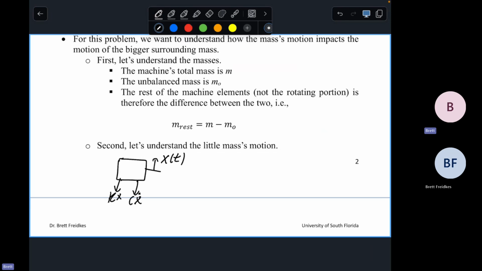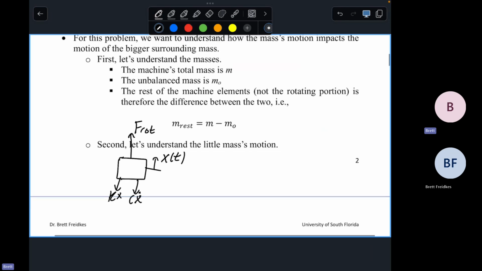What other thing am I missing here? Yeah, the force from the rotating mass that's going to cause it to go up. So this is m minus m naught. We're just looking at the system being affected by the point mass.